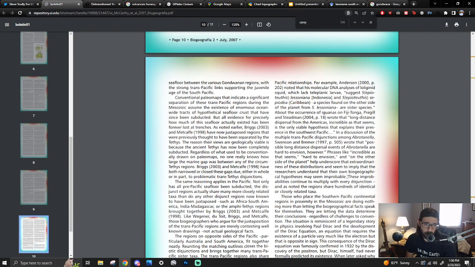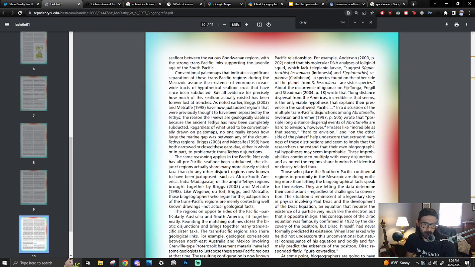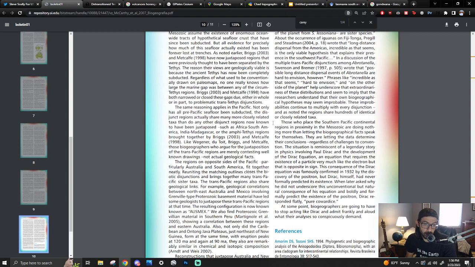They understand that it's surprising to them. I don't think they're understanding that it's the biogeographical hypotheses that are improbable. These improbabilities continue to multiply with every disjunction, and as noted, the regions share hundreds of identical or closely related taxa.